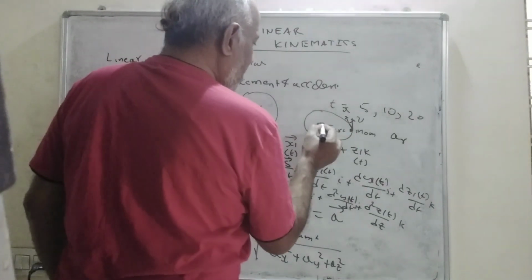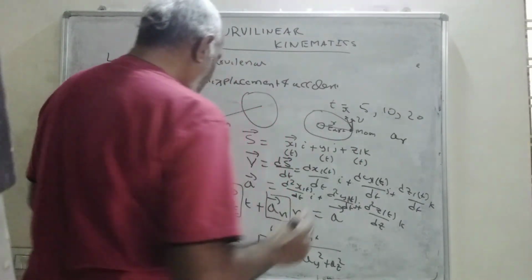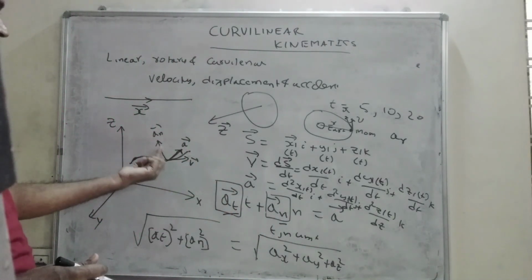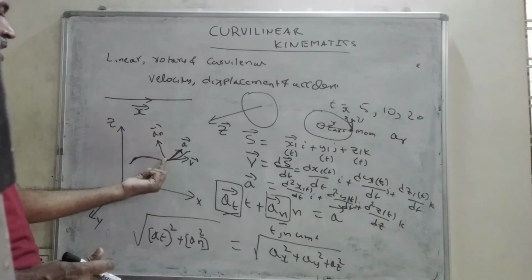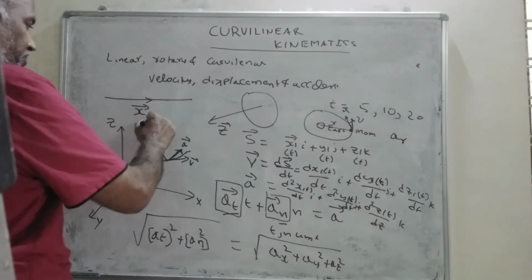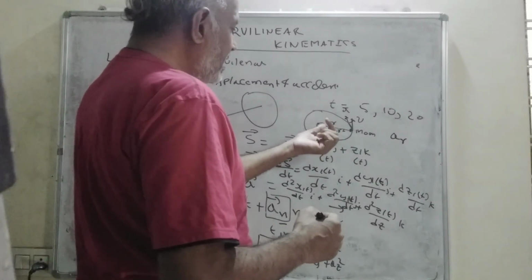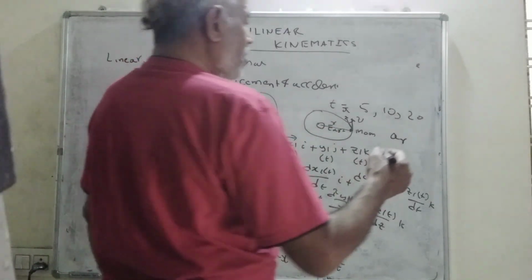Radial, because this is a circular path and this is the radius. Now here the normal is the radius of curvature, which is different. The normal is indicating the radius of curvature, and here the normal is indicating the radius of the path. So a_r i plus a_t j or a_t i plus a_r j. So this is the acceleration.